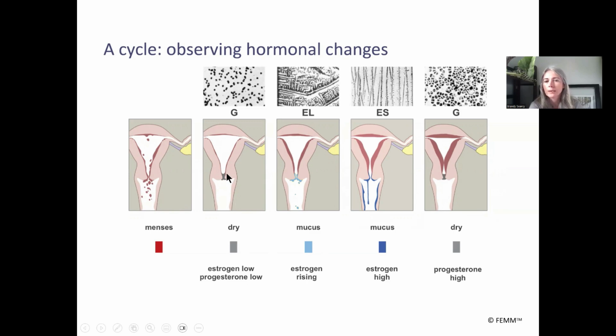With the G-type mucus, regardless of whether it's pre-ovulatory or post-ovulatory, you may just observe those as dry days, because if your body's not producing enough of that G-type mucus or G-type cervical fluid to slough off, then chances are you're not going to see this when you wipe.